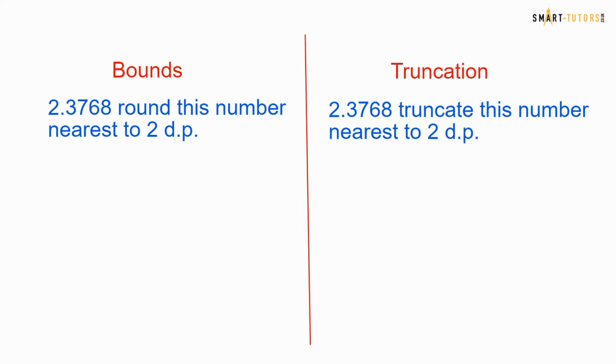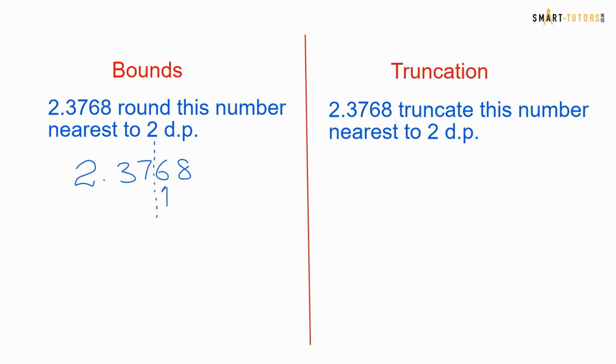Let's look at the theory behind these topics, bounds and truncation. When it comes to roundup, let's look at this question. 2.3768, round this number to 2 decimal places. So let's write this number, 2.3768. You need to round to 2 decimal places.